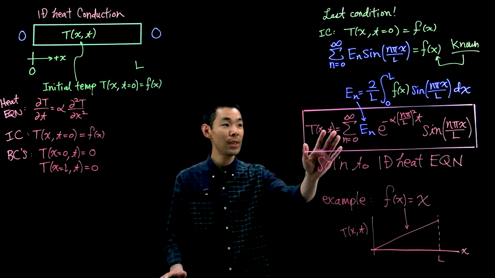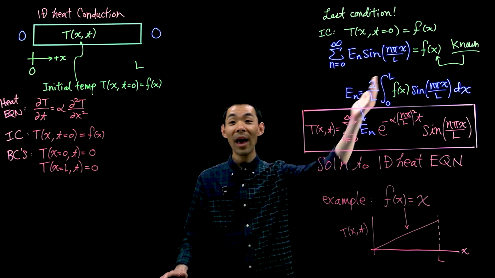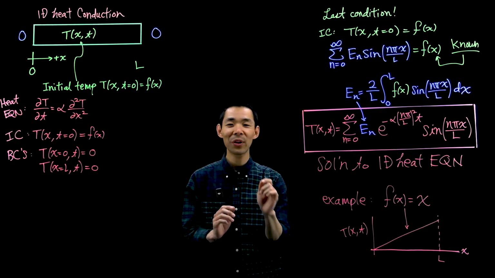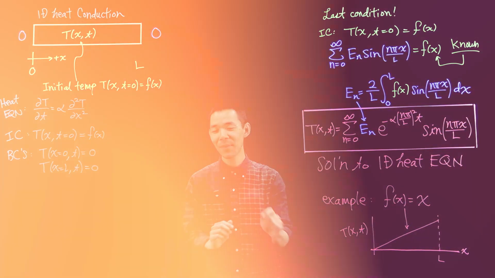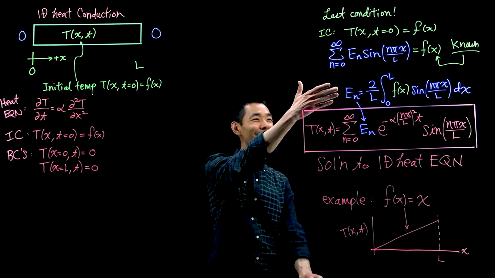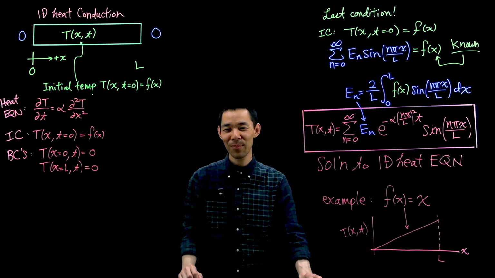So if you come back up here, you see that there is a length scale L, which in this case I've just set to 1. You can choose whatever L you want. For convenience, I've just chosen to be 1. So going back down here, it's technically 2 over L, 2 over 1, integral of x times sine n pi x over L, which is 1, integrated between 0 and L. Okay, so this is exactly a literal translation of the Fourier coefficients that we calculated up here.